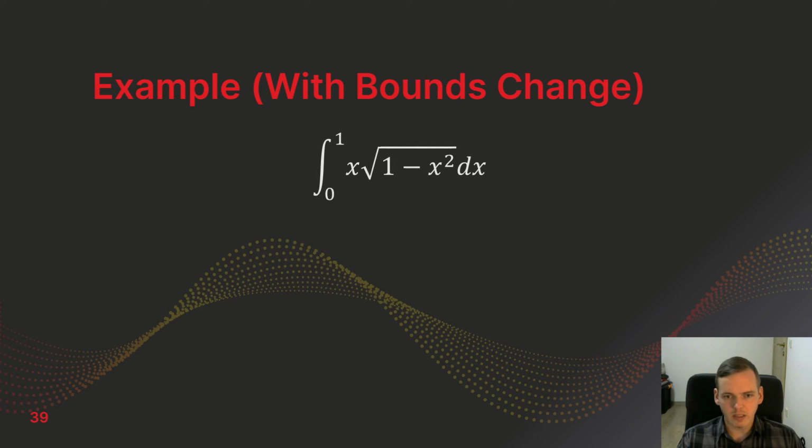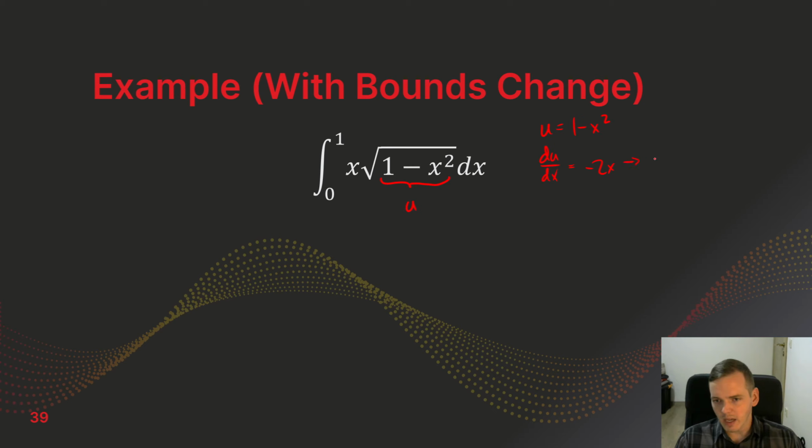So here's our example. If we're integrating from 0 to 1 of x times the square root of 1 minus x squared dx, hopefully by now you can pick out this 1 minus x squared as your u. So u is equal to 1 minus x squared. So du by dx is going to equal negative 2x.